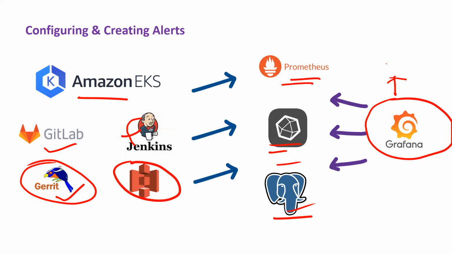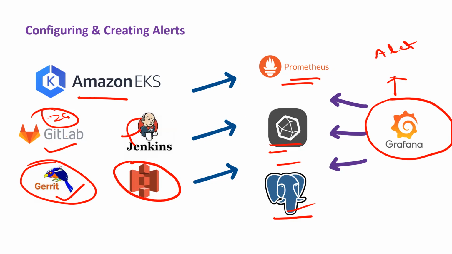And it's not only about dashboards. If something fails, let's assume GitLab, since the last 24 hours all the pipelines are failing. I don't need to wait for a developer to report it. If there is some issue, the DevOps team or whoever is responsible for that has to be notified. So in Grafana itself, we used to create alerts.